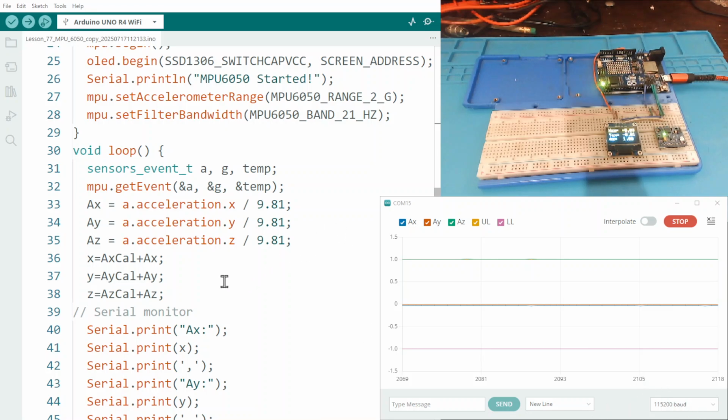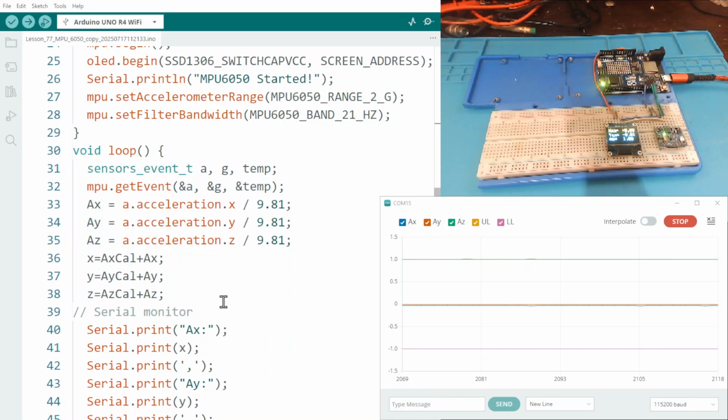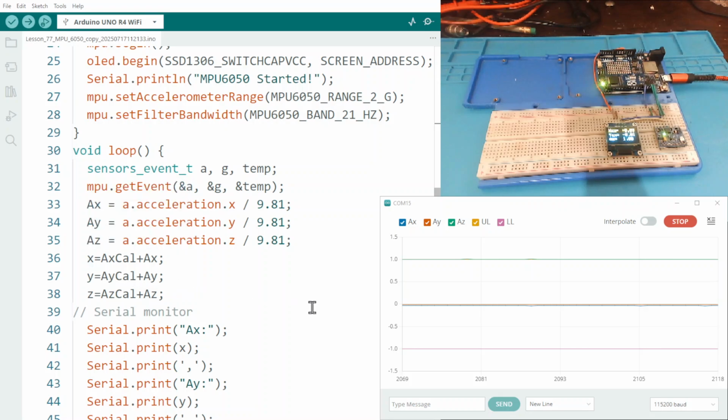Okay, here we got the values. These values are the raw values, and then the X, the Y, and the Z are the calibration values. Here I got X, and then I added AX cal plus AX.